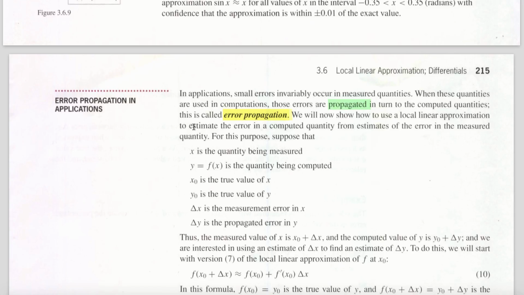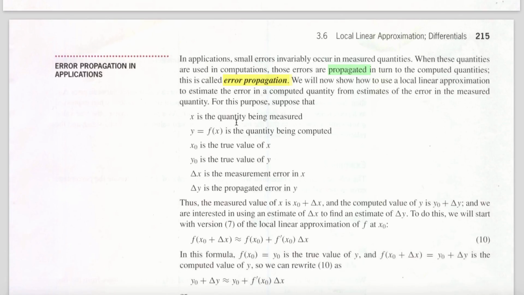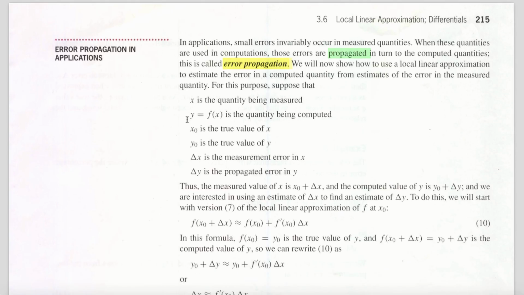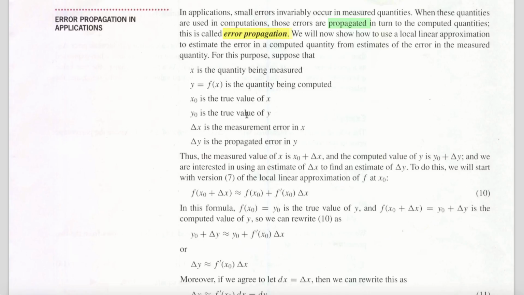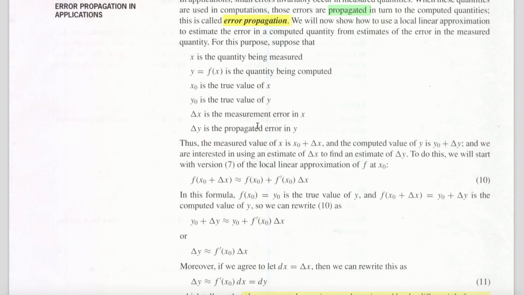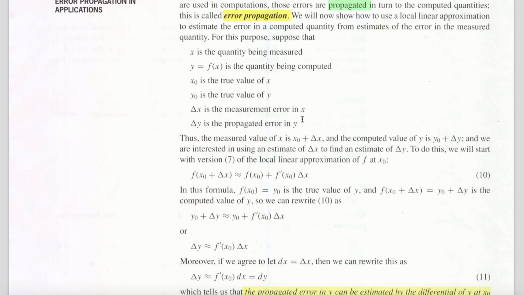For this purpose, let's suppose that x is the quantity being measured, y equals f of x is the quantity being computed, x naught is the true value of x, y naught is the true value of y, delta x is the measurement error in x, and delta y is the propagated error in y.